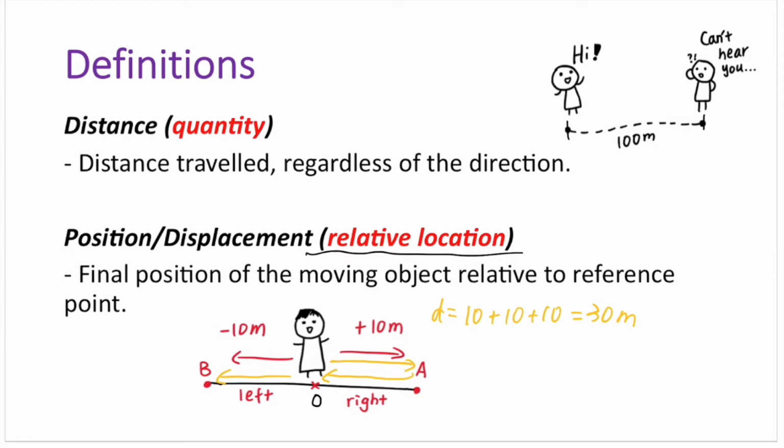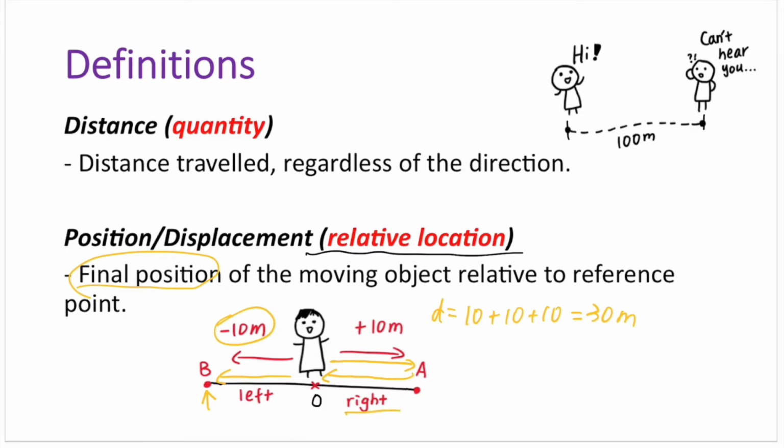What about the position or the displacement? Remember, for position or displacement, we're talking about the final position. So he stopped here, okay? He finished his journey at point B, therefore the position or the displacement will be 10 meters to the left of O, or negative 10 meters.